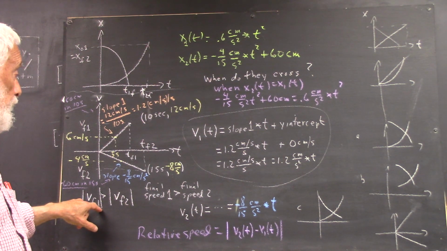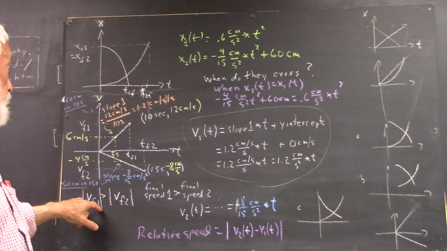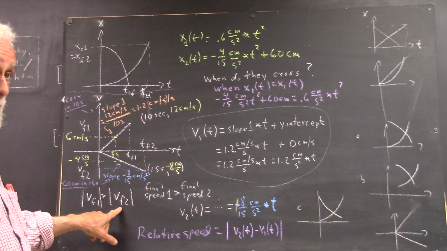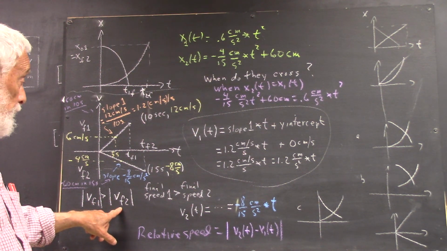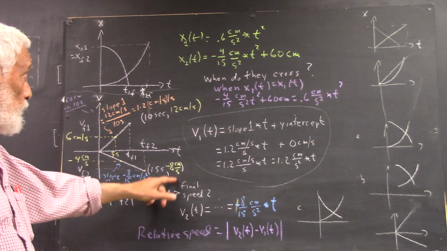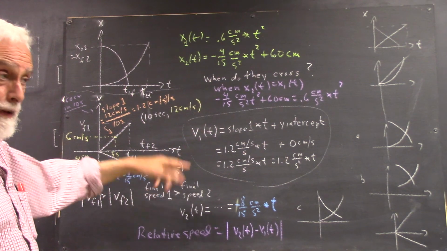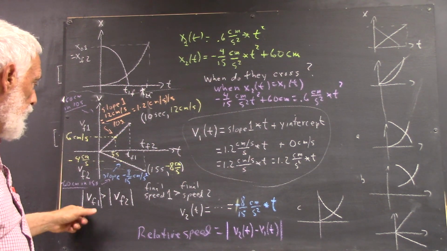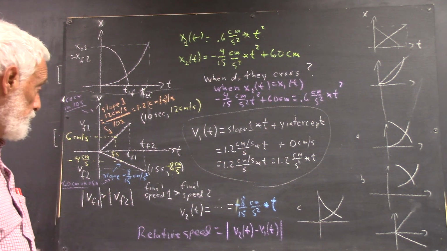The absolute value of VF1 is 12 centimeters per second. The absolute value of VF2, and this is the speed, the absolute value of the velocity is the speed, would be just 8 centimeters per second. Velocity tells us in what direction we're moving, so this negative tells us that we're moving in the negative direction. The absolute value is just the speed.